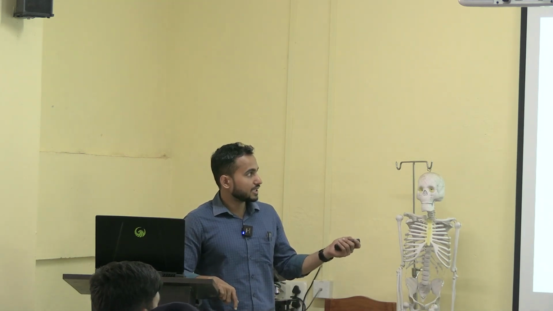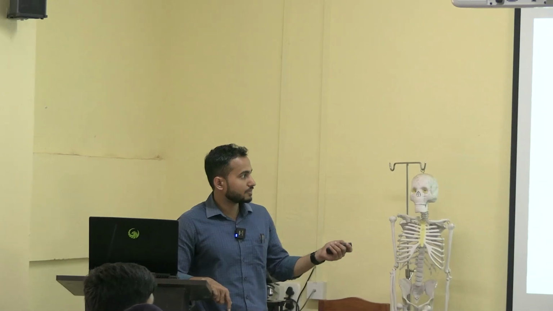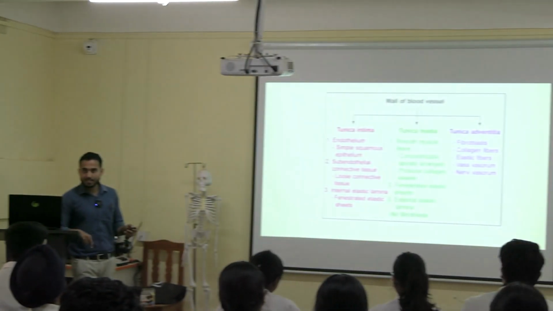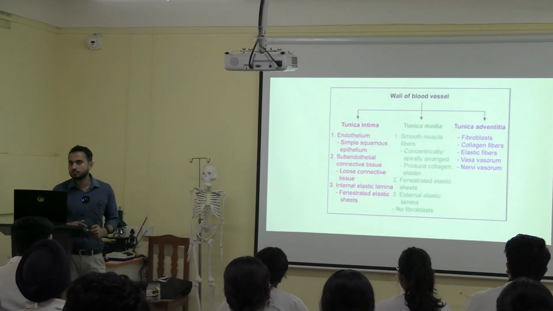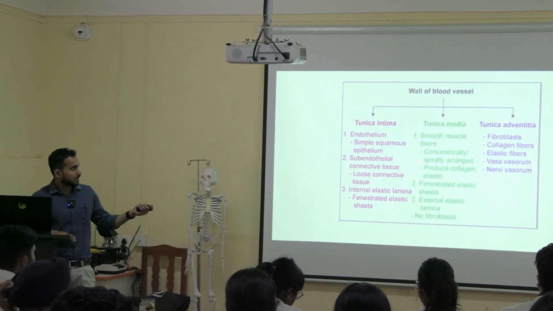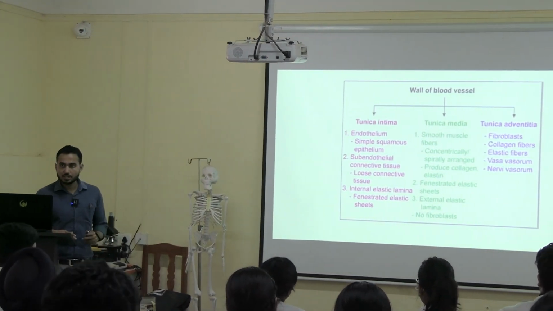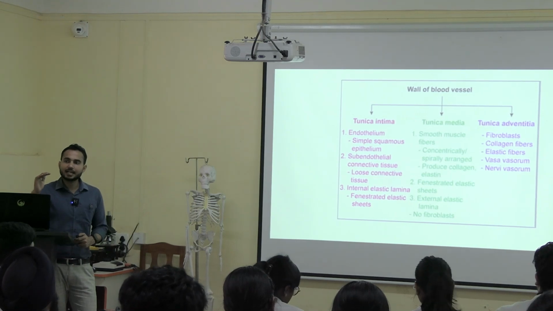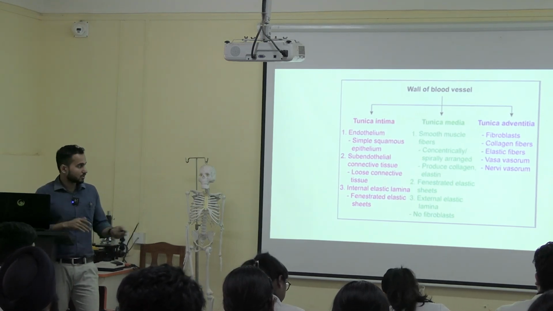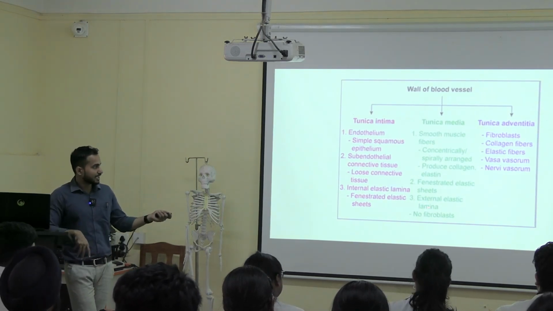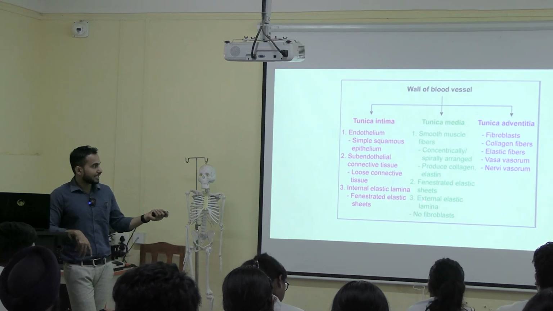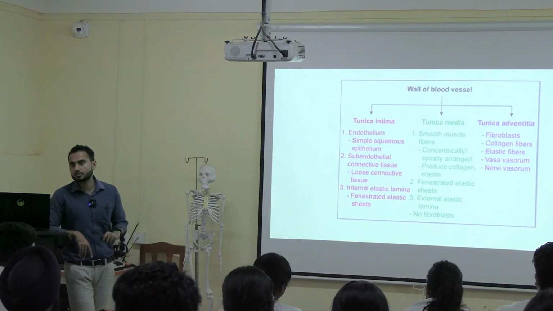In the tunica media, mostly we have smooth muscle fibers and fenestrated elastic sheets, depending on which type of artery we are studying. Either smooth muscle will be dominant or elastic fibers will be dominant. Where the tunica media ends, in that part also the external elastic lamina is present, which is nothing but elastic fibers present in the form of sheets.